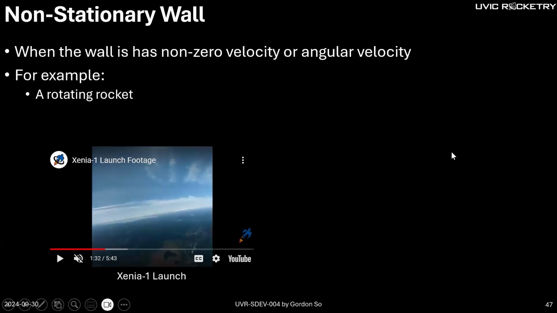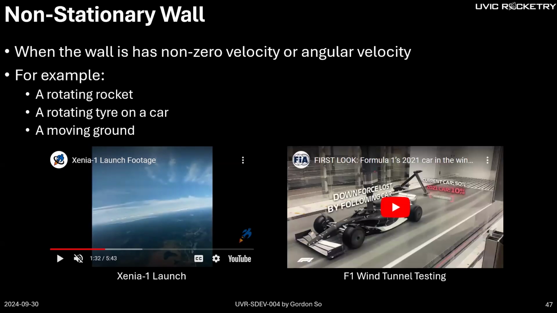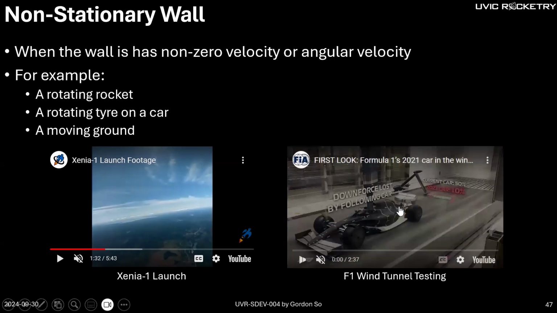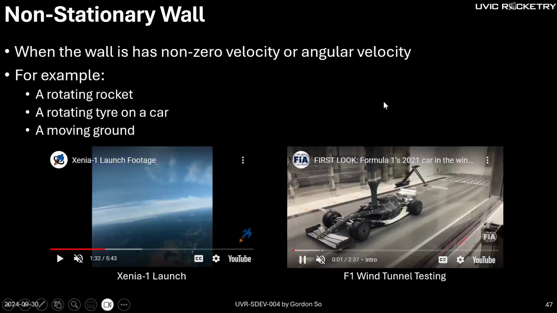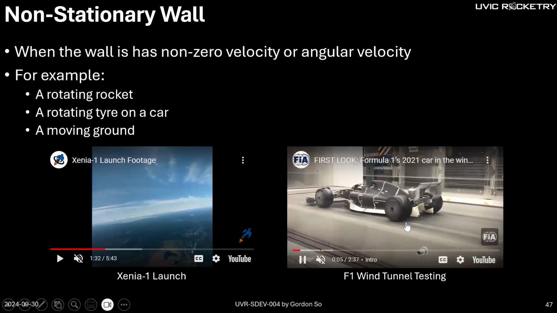Another best example is a moving tire on a vehicle, or a moving ground. This is actually what most CFD for FSAE or even F1 does. This is a FIA video, a wind tunnel test of a Formula One car. You can see the tires and the road are moving.